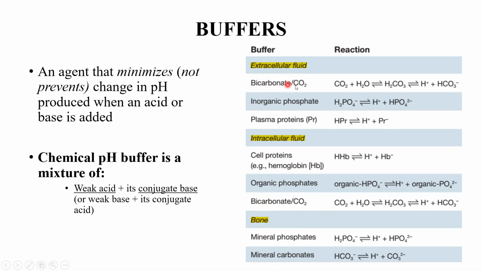So in extracellular fluid, the most abundant buffer system is the bicarbonate carbon dioxide buffer system. You can see that carbon dioxide, when it reacts with water, reversibly forms carbonic acid, which then dissociates into hydrogen and bicarbonate.